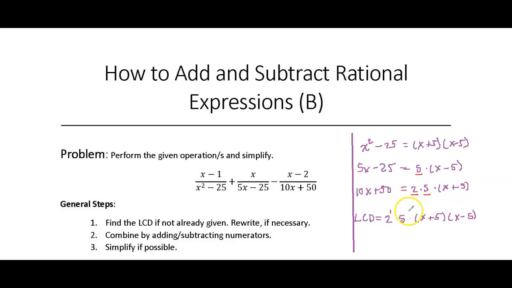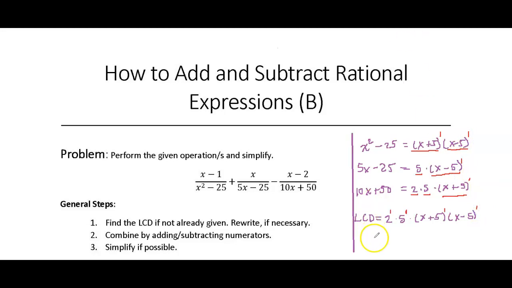So at most, the 5 appears once in any given denominator. X plus 5 appears in that third denominator and in the first, but once again, at most one time. So that would be to the first power. And similarly, x minus 5 appears in the first denominator and in the second denominator, but once again, at most one time.